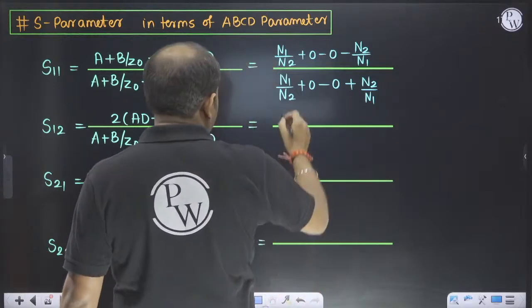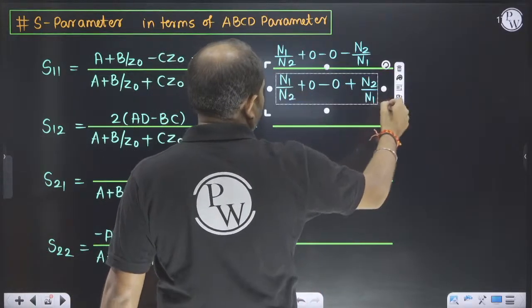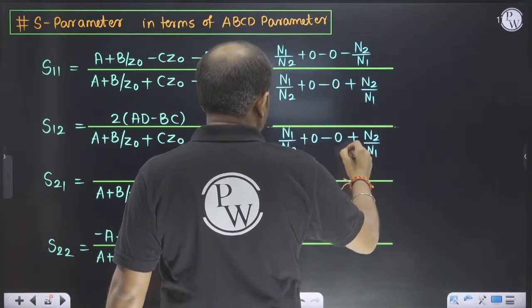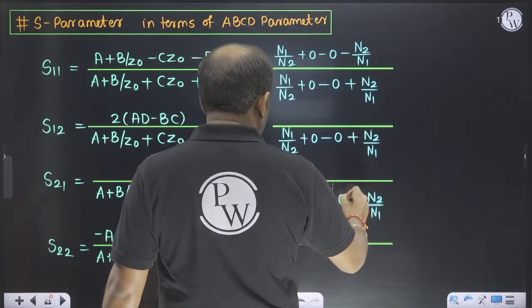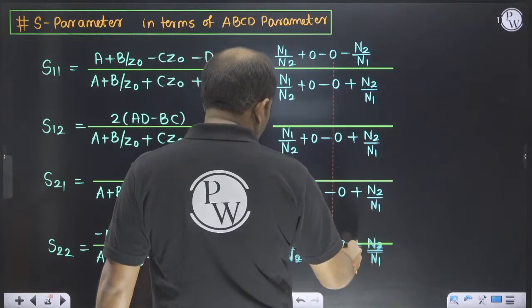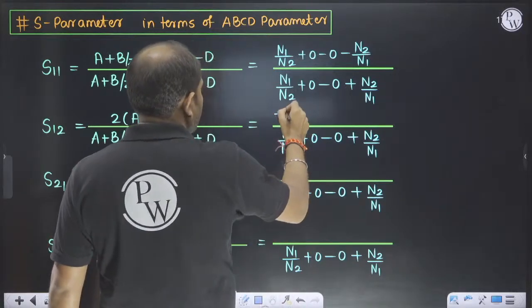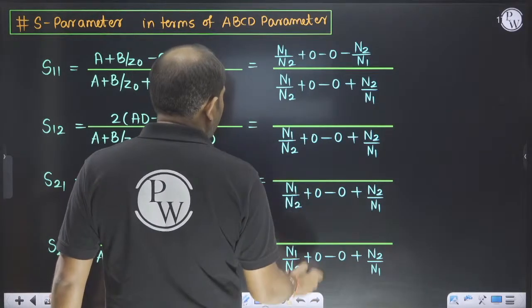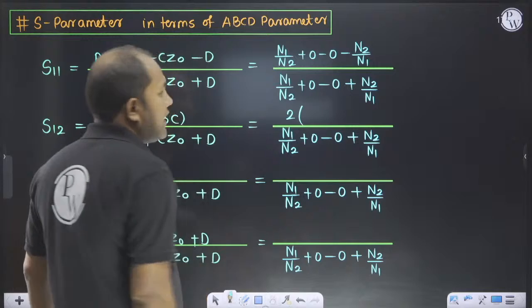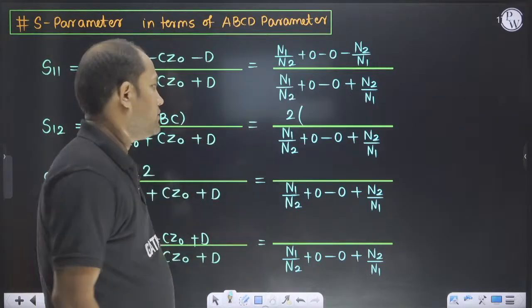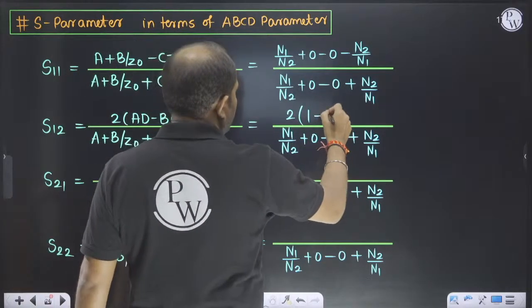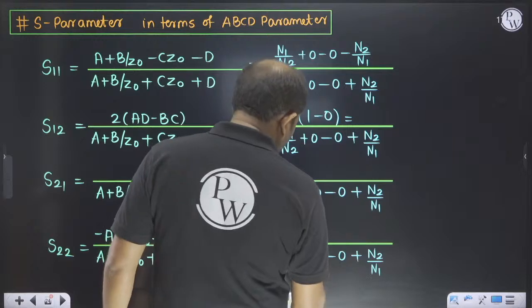The denominator will be the same for all cases, so I will write the same denominator. Then we have minus N1. This one is 2: A into D is 1, and B into C is 0, so it will be 2.